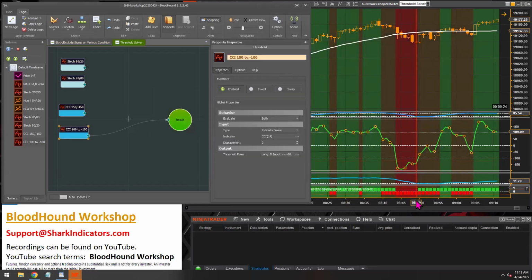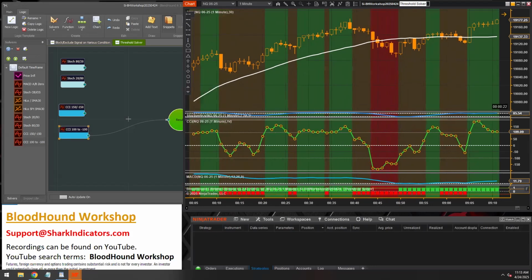And when we take a look at this, when the CCI is in between these, yeah, these inner dashed lines here are 100 and negative 100, right? You'll notice we get a long and a short output together there.